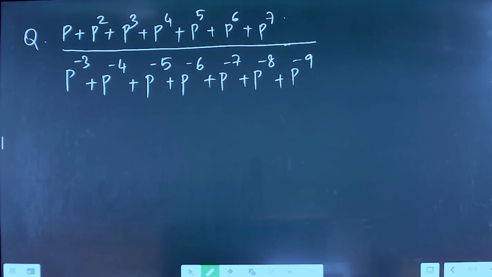Puneet, like I said, you need to write 1 by p power minus 9 as 1 by p power 9. And all the other negative powers in the same manner. No, it's not p power 70.